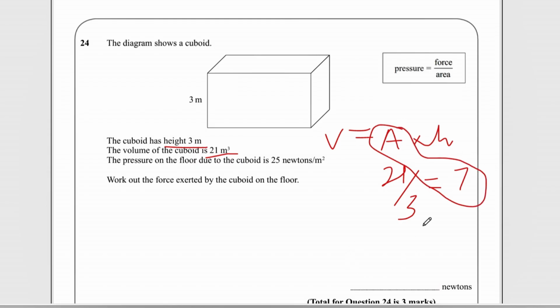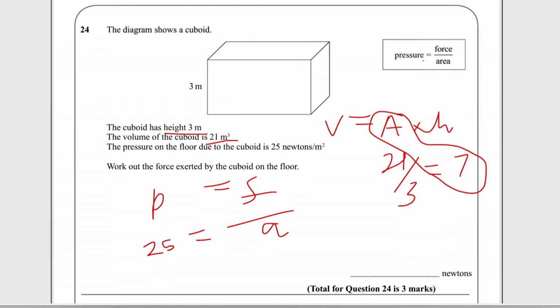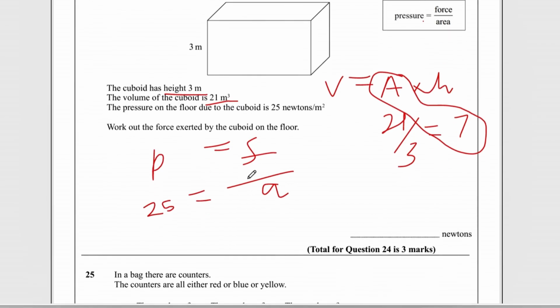Okay, so if area is 7, then they gave you the formula already. Pressure is force over area. So we know the pressure is 25. All right, and then force, let me scroll down. Force we are looking for, and then area is 7.